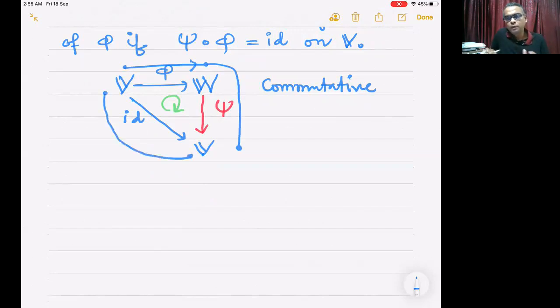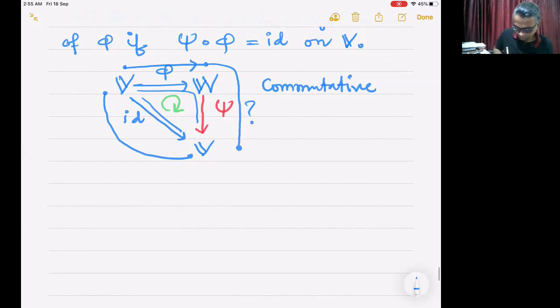If the two effects are the same as a whole, then we say that this diagram commutes. That means it doesn't matter whether you follow this path or this path. Whenever such happens, it's called a commutative diagram. So the question is, does there exist a psi so that this diagram commutes? That is when we say that phi admits a left inverse.